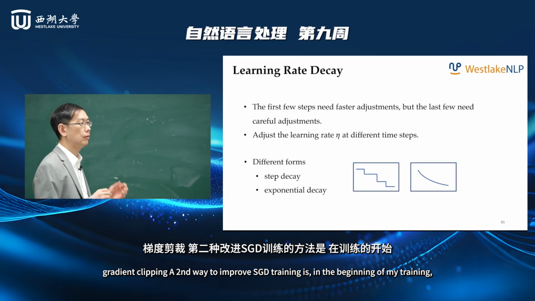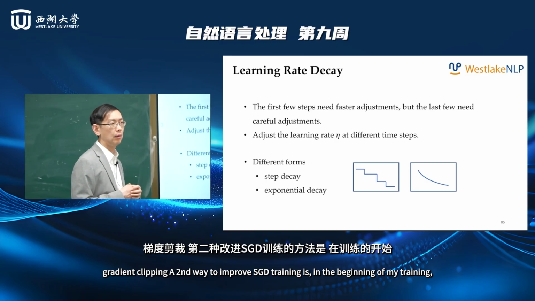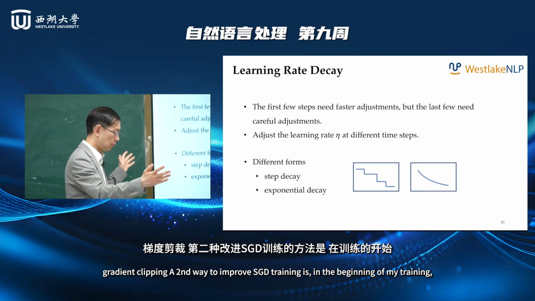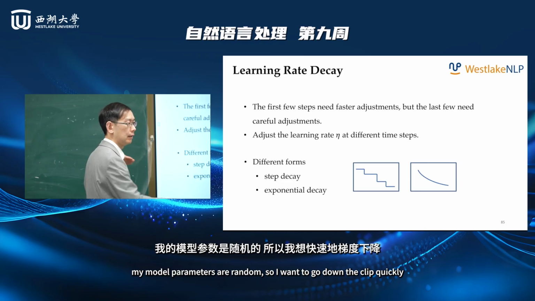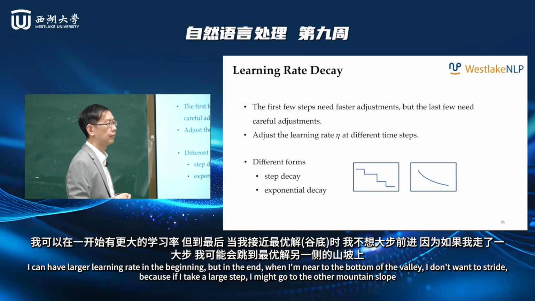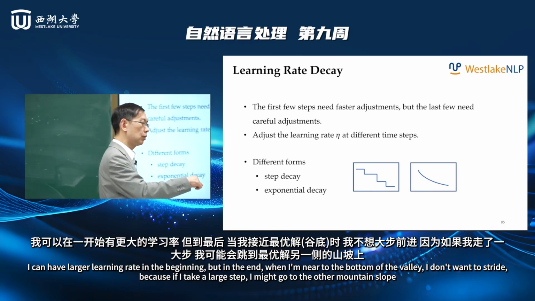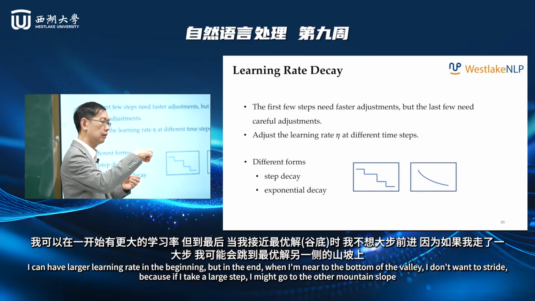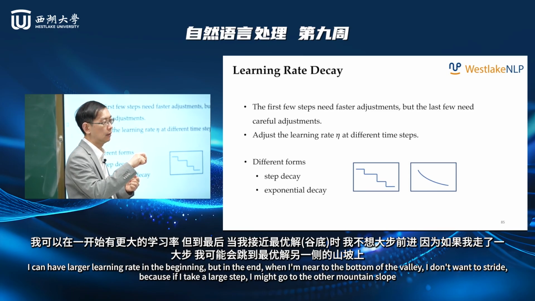A second way to improve SGD training is, in the beginning of my training, my model parameters are random. So I want to go down the cliff quickly. I can have a larger learning rate in the beginning. But in the end, when I'm near the bottom of the valley, I don't want to stride.